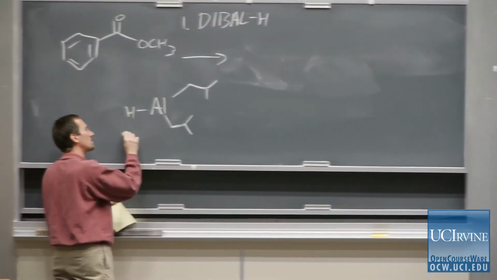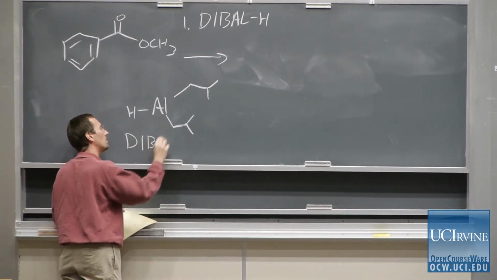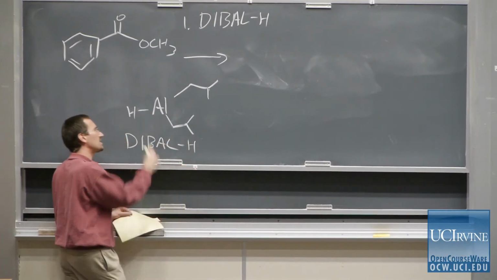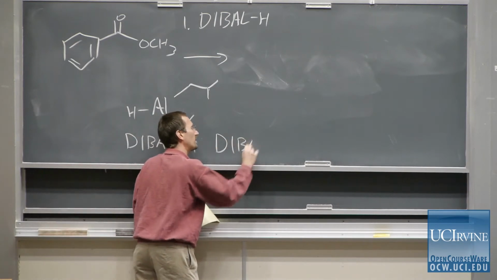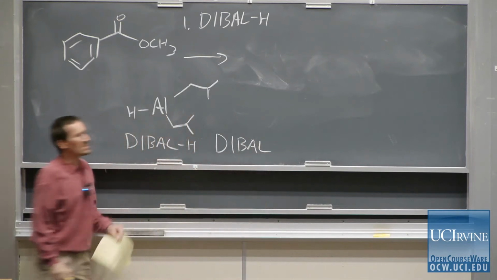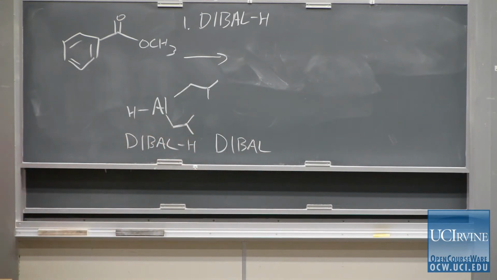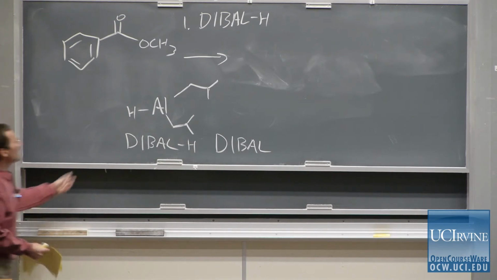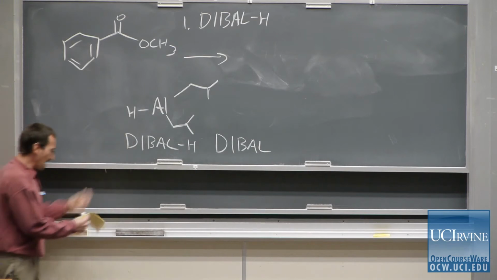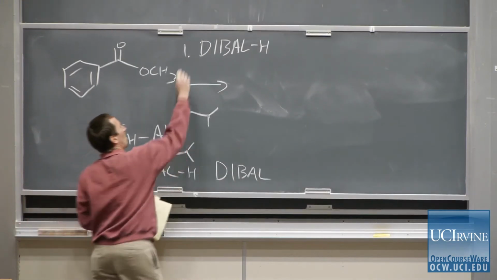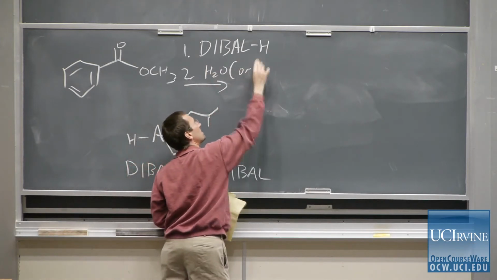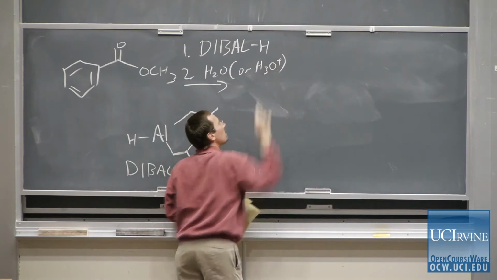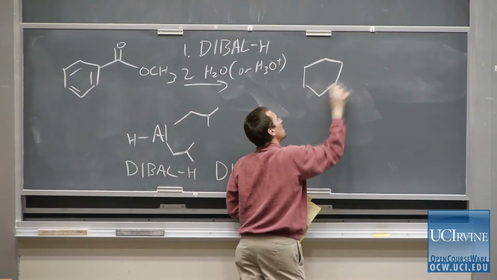And you will see it written sometimes as DIBAL-H with an H on the end to indicate there's a hydride, sometimes as DIBAL without the H on the end, and sometimes as DIBA, just because people want to catch the notion of the H. Anyway, if you treat your ester with DIBAL and then do an aqueous workup, and again, you could add water, or I would probably add aqueous acid, the product of reaction is the aldehyde.